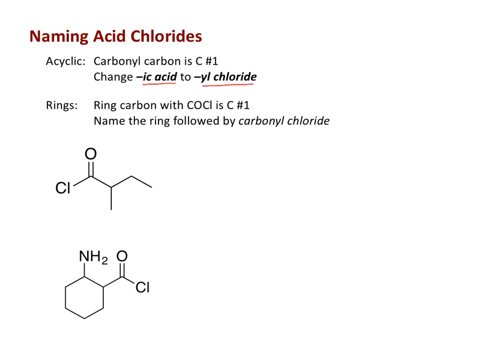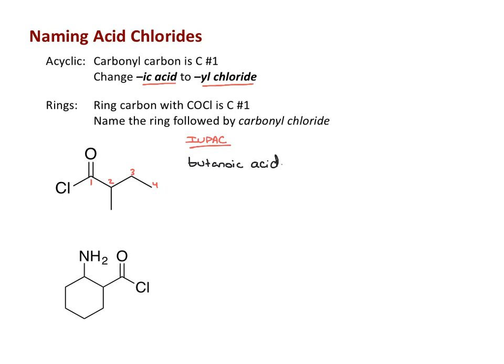So for IUPAC, we're going to start at the carbonyl carbon, make that carbon 1, number the longest carbon chain. So this has 4 carbons. 4 carbons is butanoic acid. But we want to change the ending.